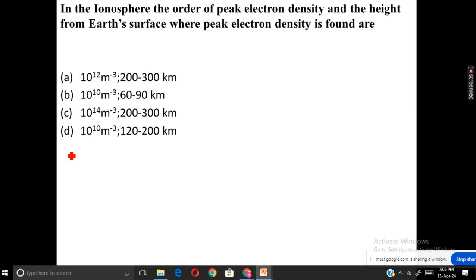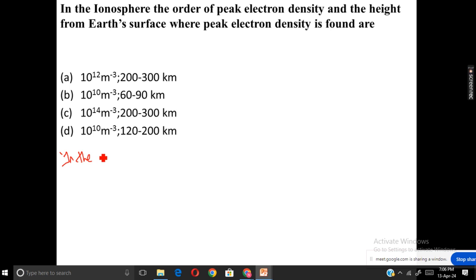We have already learned that the peak production occurs in the transition zone between F1 and F2. It is at a height of 250 kilometers, and the peak electron density at this layer is basically 10 raised to 12 per meter cube.